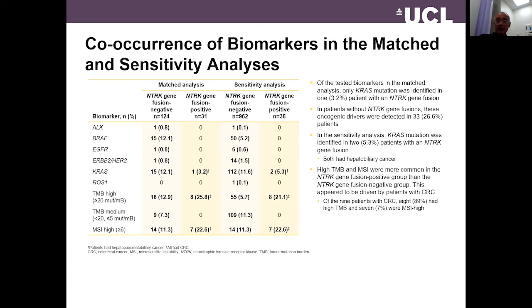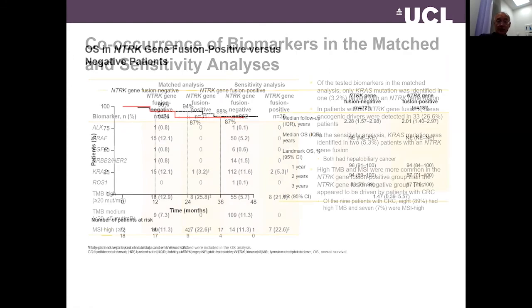The other thing it tells us, and I'm not sure we got to the bottom of this, is that they are rather more coincident with high TMB and MSI. So 7 MSI cancers out of this population of 38 is way more than you'd expect for the whole population. So there's something in that. I don't think that we got to the bottom of that entirely. I'm sure there's a very clever explanation somewhere.